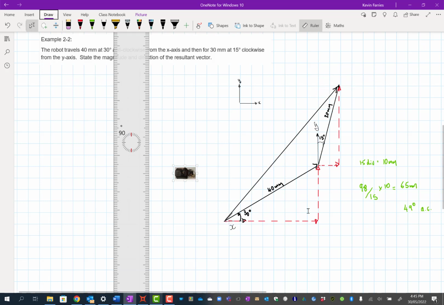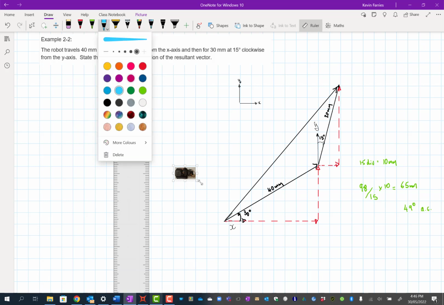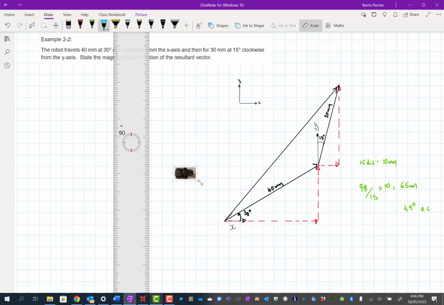So what we'll do is we'll calculate these x and y components, and then finally, I need to find another color. We'll do it blue this time, and it's awfully big.